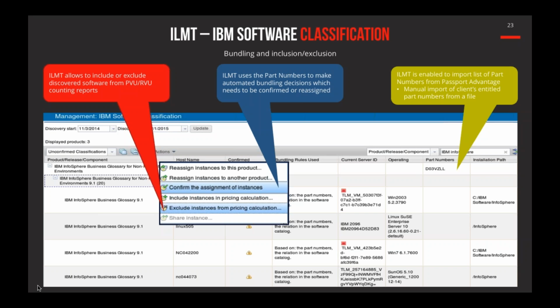So quite often we see the implementation of ILMT handed over to technical staff, whereas they may be able to get it installed and working, what they're not familiar with is how the software licensing works. So if a product's been discovered, it really is in-depth knowledge that you need. And this is one of the reasons why we've been so successful, because within our organization we've got in excess of 20-25 years of licensing IBM products. And that is to me the actual key.